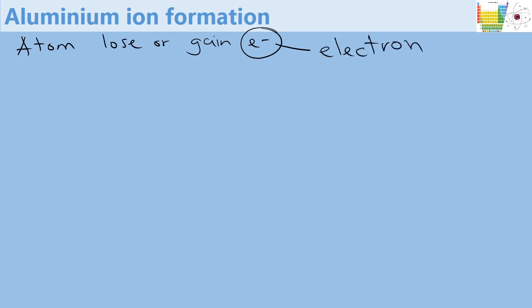It's just a letter e with a negative sign superscript. When atoms gain or lose electrons, they form ions. So in this case, we're going to describe aluminium ion formation.